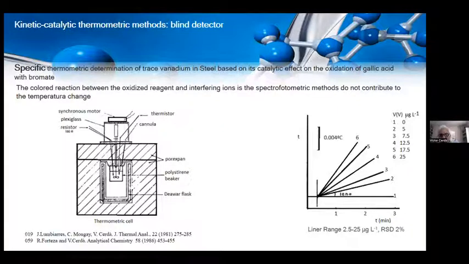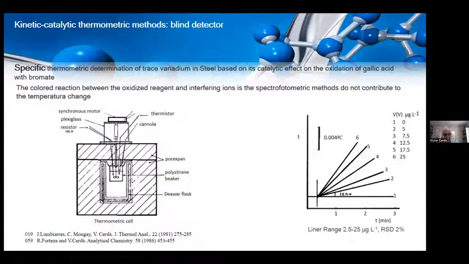When we represent temperature versus time, we are using the initial rate method, where the slope depends on the concentration of the catalyst. In this case, the catalyst can be determined as low as the order of microgram per liter. Without catalyst, we can see there is no reaction.